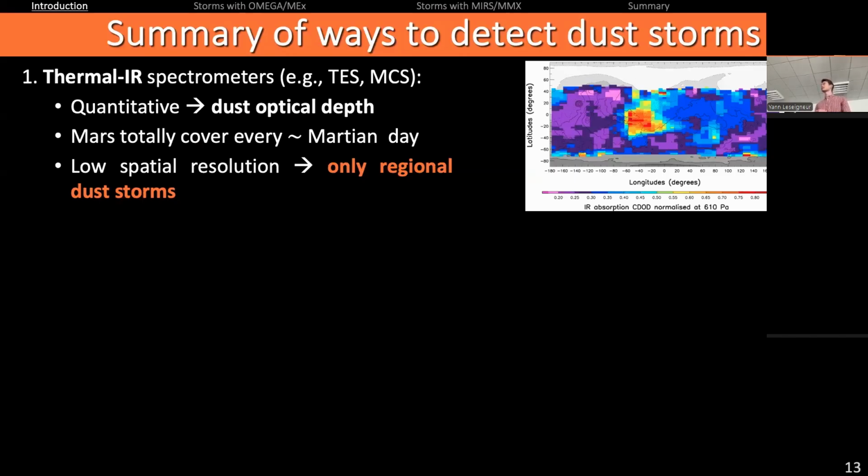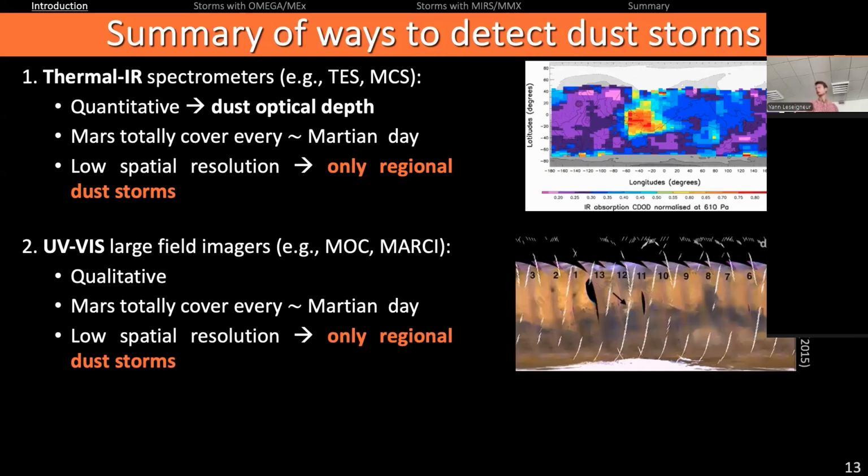With these thermal infrared spectrometers, we can do quantitative studies to compute the dust optical depth, so the total amount of dust in an atmospheric column. And these instruments are really good for coverage of Mars. We can cover all the Martian atmosphere in one Martian day, but they have a very low spatial resolution, so with this data we can only study the regional dust storms.